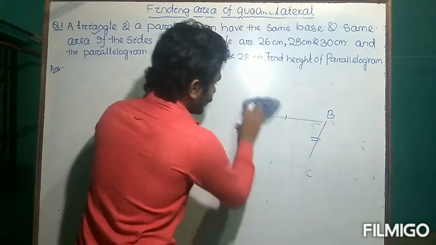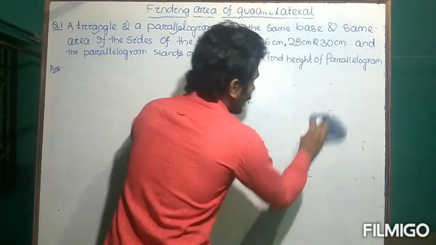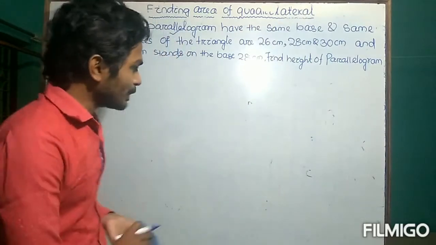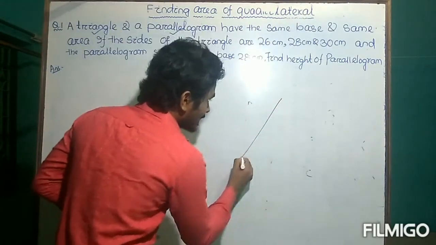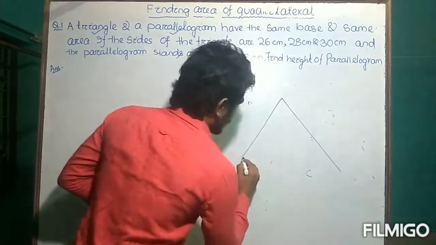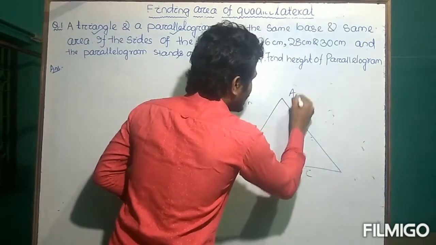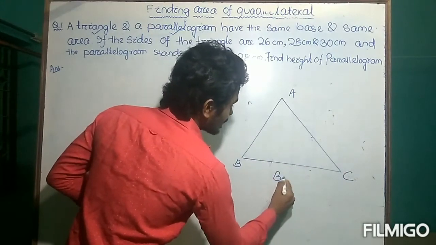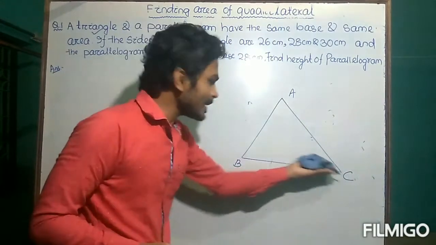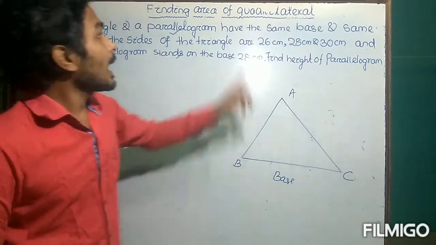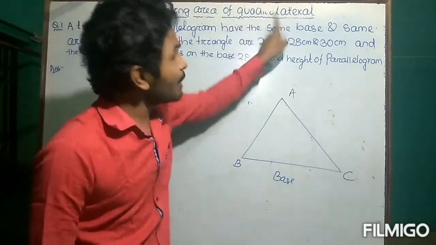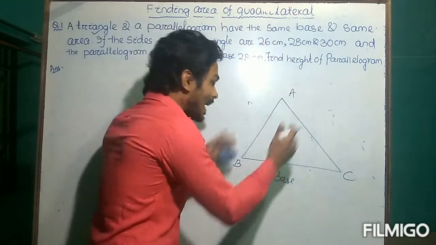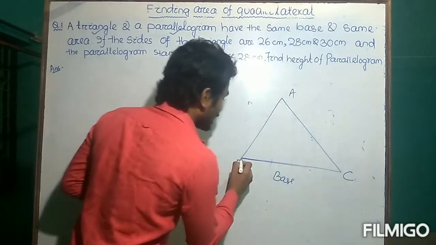So both the triangle and the parallelogram have the same base. That means suppose it is a triangle and in this triangle the base is BC. This is the base part. And the parallelogram has the same base, that means the parallelogram will stand on this base BC.